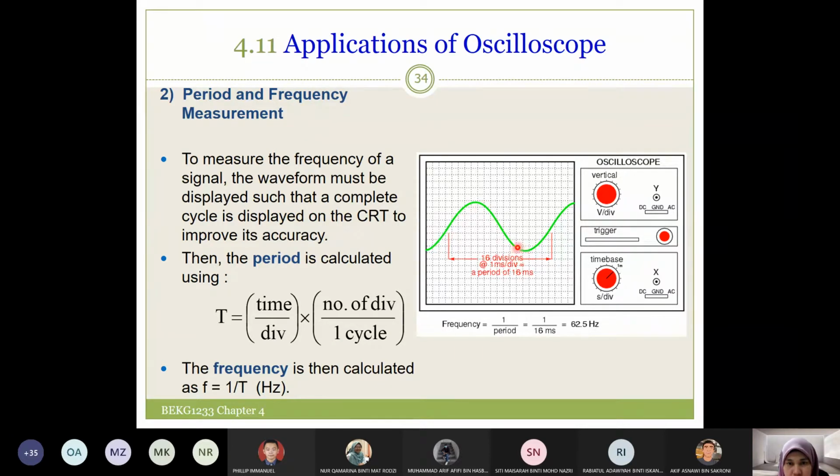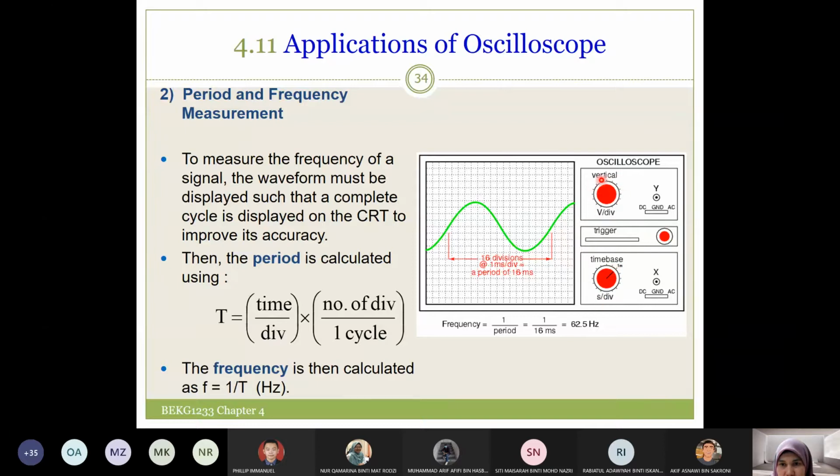Okay, so for one cycle, the time per division setting for the signal is 1 millisecond per division.